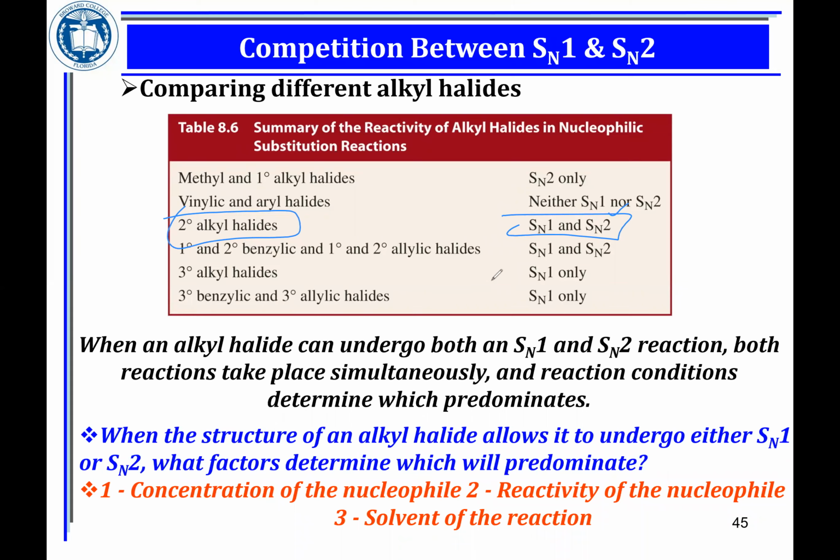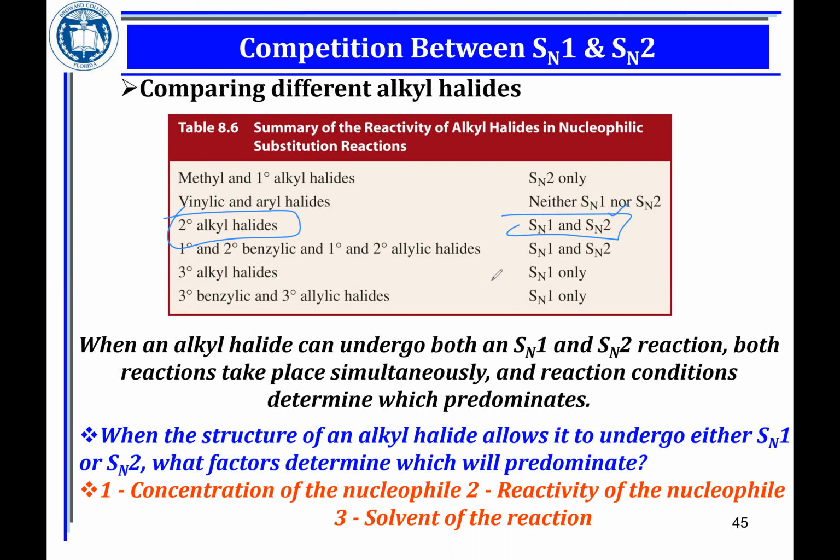What else can you do? How would you change the solvent? For SN2, what type of solvent would be good? Protic or aprotic? Both are polar. Polar is good for both of them, but protic or aprotic?